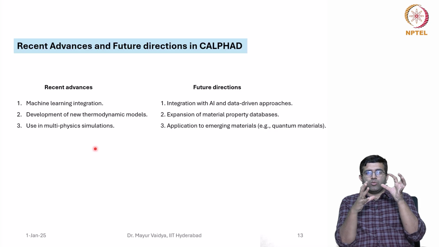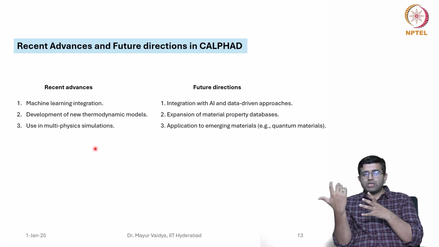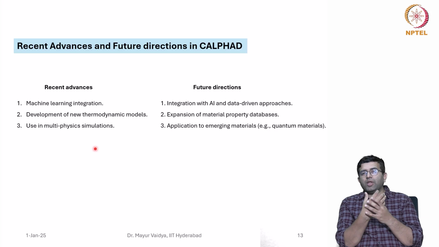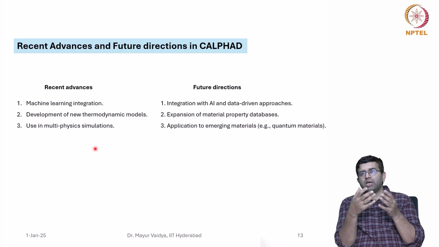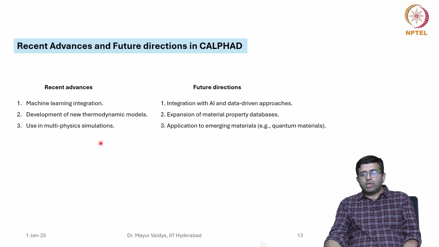That means the goal is to increase the databases that are available now, and then apply CALPHAD to emerging materials such as quantum materials and very advanced materials. So, this is a brief introduction to CALPHAD.